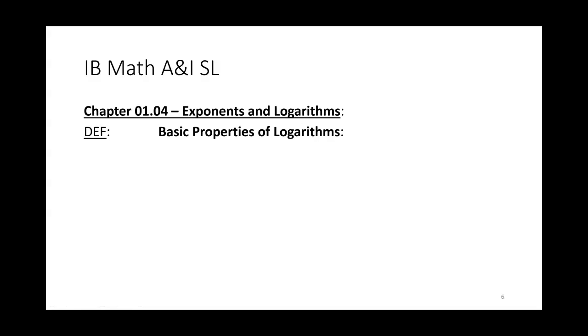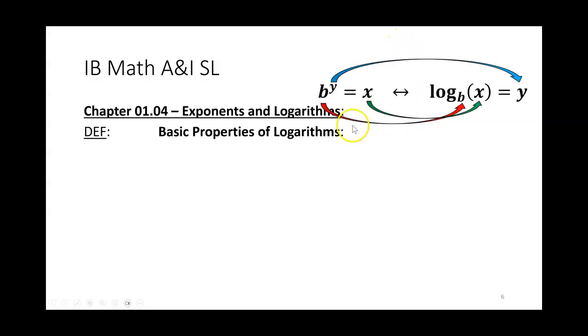Our basic properties of logarithms. This we will go through slowly because we haven't done this yet. So again, remember our definition of a logarithm says that the equation b to the y equals x is equivalent to the equation log base b of x equals y, where the answer to this logarithm is basically what exponent of b gives us x.